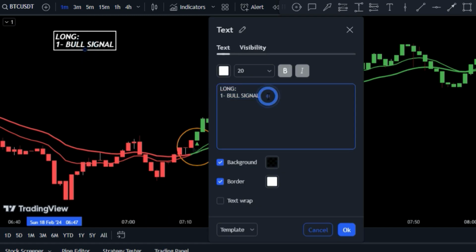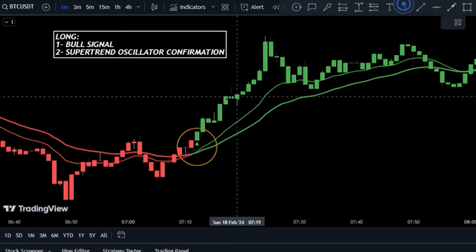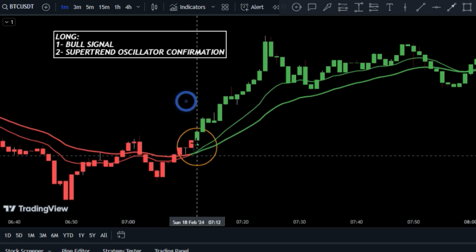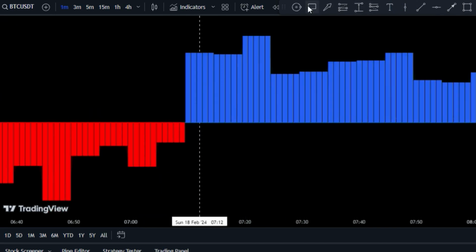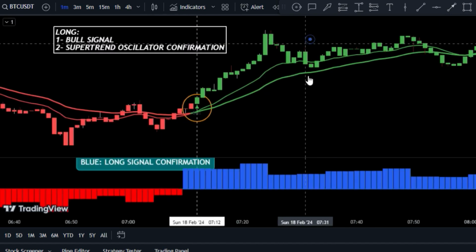Next, cross-reference with the super trend oscillator to ensure that the histogram is above zero, confirming a bullish trend. Once both indicators agree, you can confidently open a long position.